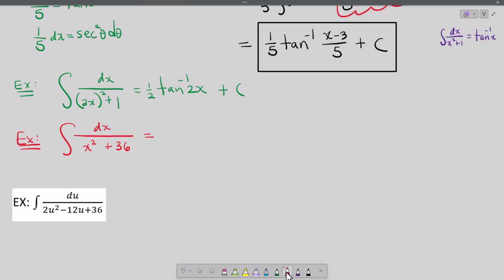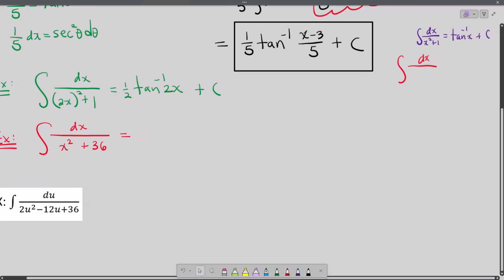If it's a 1, it's just going to be arctangent of whatever's in parentheses below the square. Yeah, I'll show you up here how it'll come out. Let me point out something. We have two formulas up here.